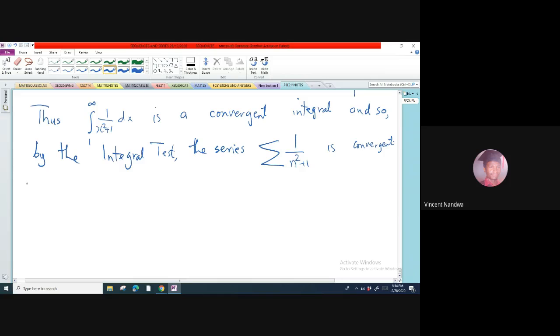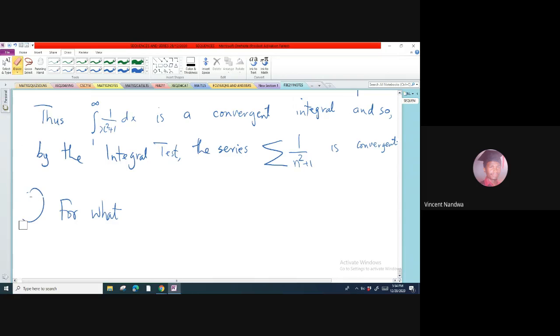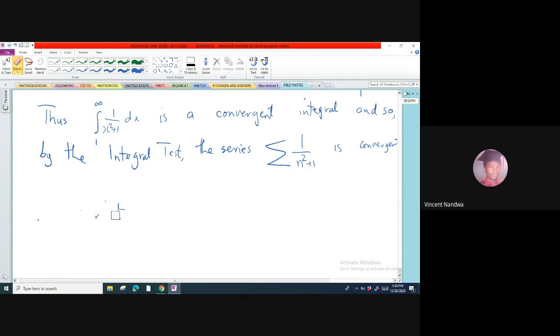Good. So another example 2, for what values... not really as an example, so let's just write it in the form of a theorem or a statement.